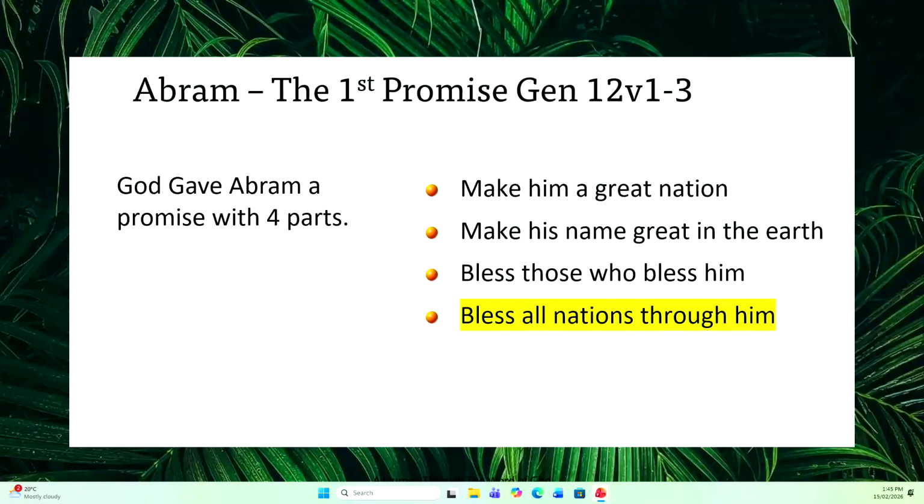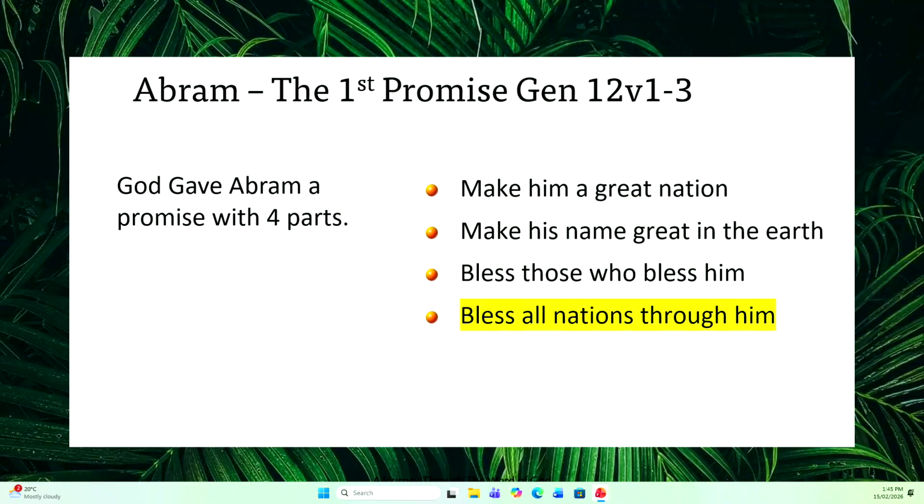Now, at this stage, we're not going to be necessarily looking specifically at that highlighted section, but we're definitely going to be coming back to this section towards the end of this afternoon. So 4 parts. It's all about blessings and growing a nation from Abram.